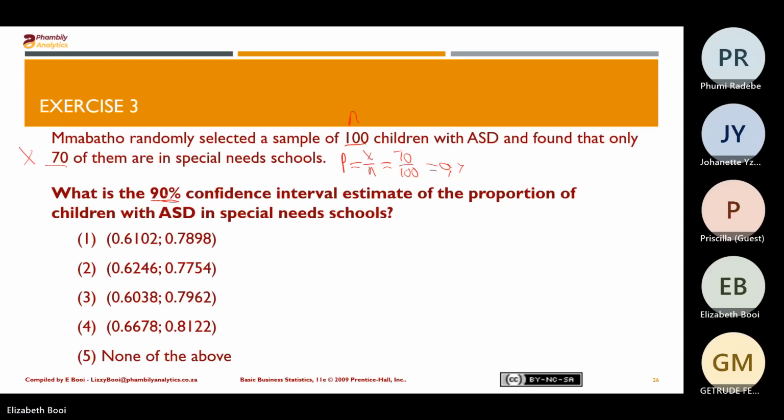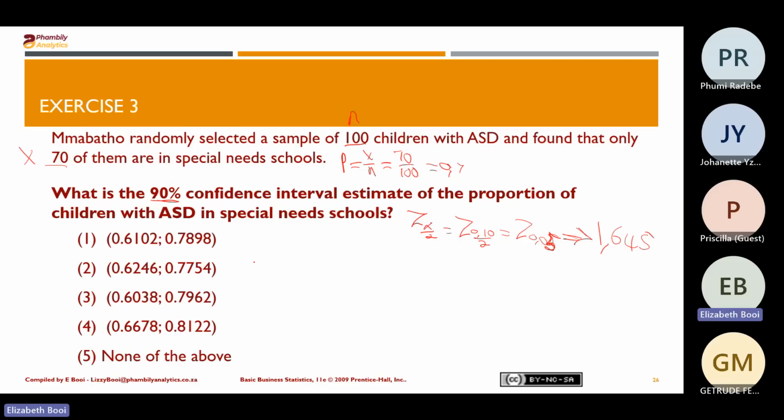And at the 90%, because it's z, z alpha divided by 2, which will be z of 0.10 divided by 2, which is z of 0.05, and we know that the critical value will be 1.645, because 90% is that special case.